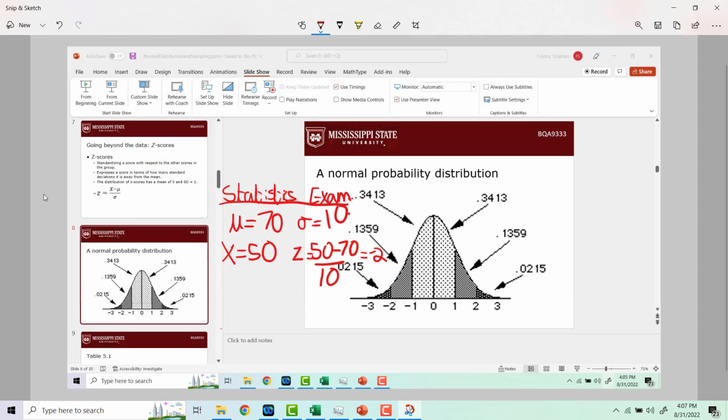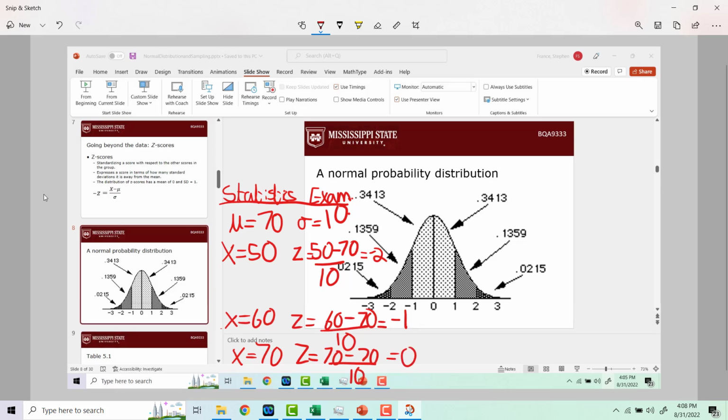If my x equals 60, then my z is going to be 60 minus 70 all over 10 equals -1. If my x is 70, now this should be self-explanatory, my z is going to be 70 minus 70 all over 10 equals 0.